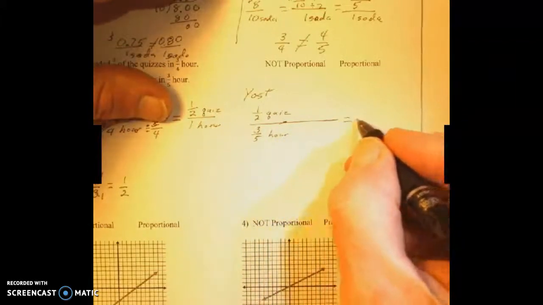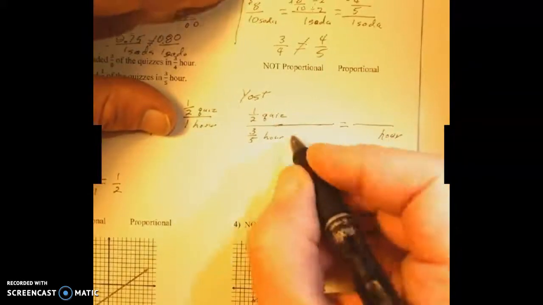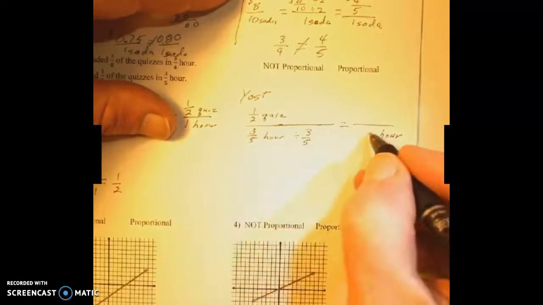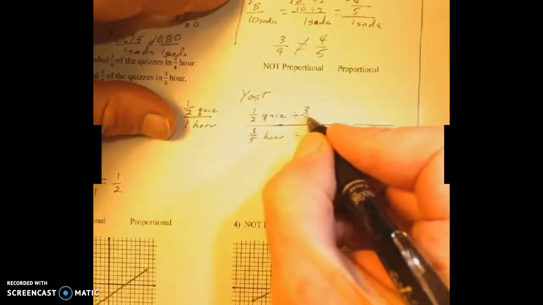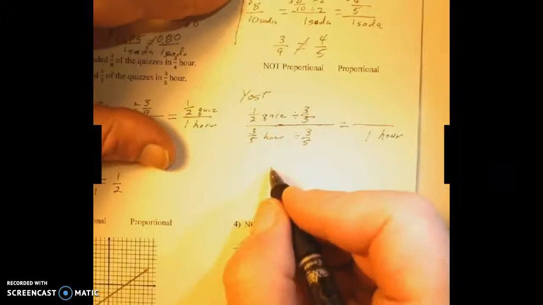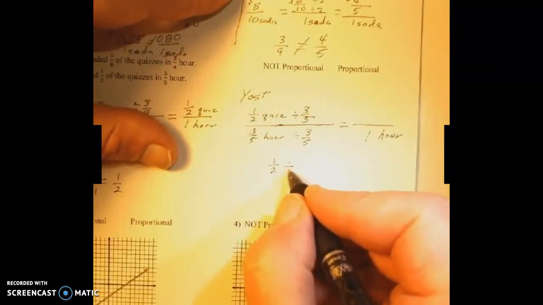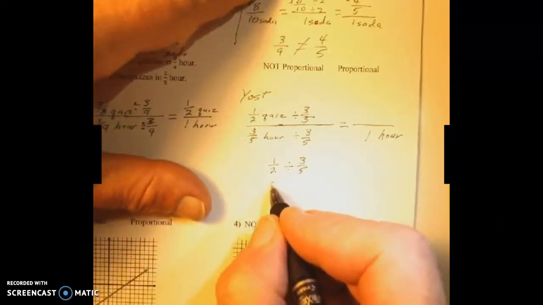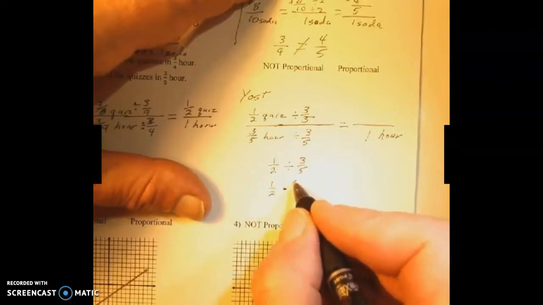You want to know how much it is in 1 hour. So to do that, you're going to divide by 3/5 to make this become 1 in the denominator. Do the same to the top. Divide by 3/5. Again, come off to the side to do the work. 1/2 divided by 3/5. Again, keep, dot, flip. 1/2 times the reciprocal, 5/3.